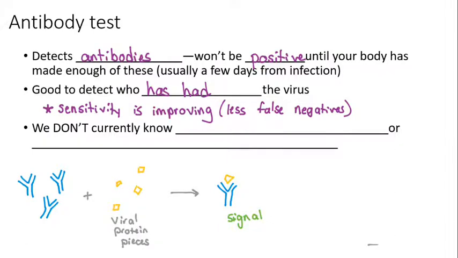So while this is helpful to see who has had the virus, two caveats that need to be mentioned is we don't currently know if you can get reinfected. So the hypothesis is that you can't, but that's not necessarily been validated yet. And also we don't know how long antibodies will last.